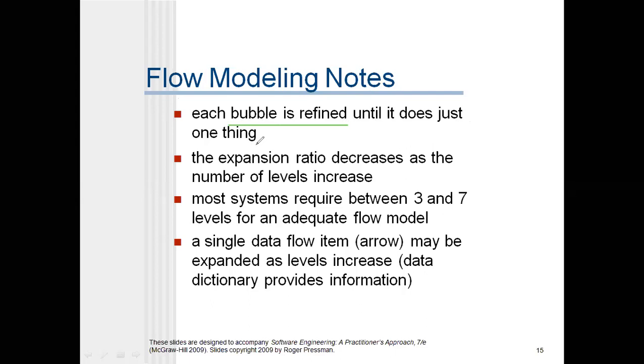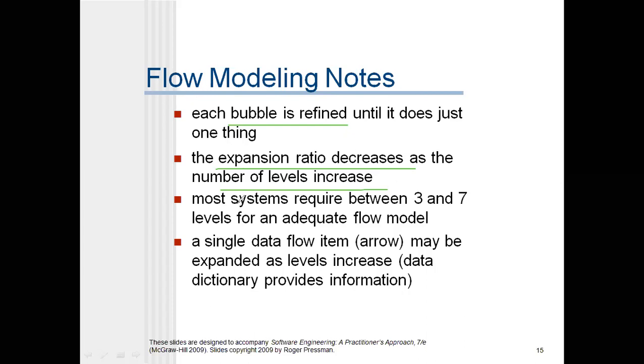Each and every individual process symbol is used to complete a subtask. That is the first point. The expansion ratio decreases as the number of levels increases. Whenever the number of levels increases, automatically the expansion ratio decreases.